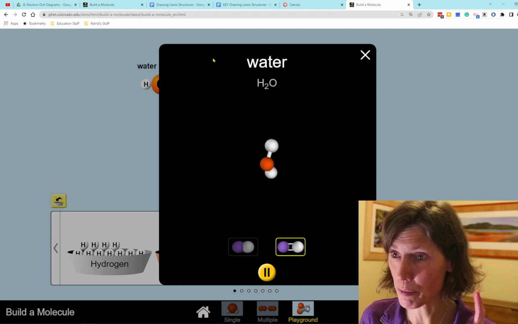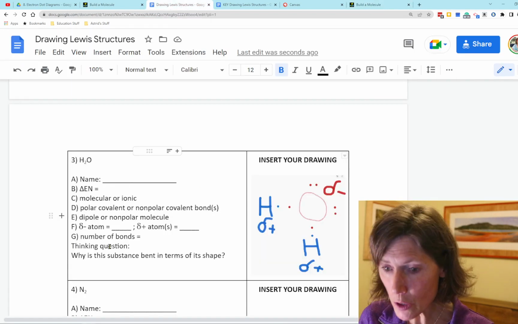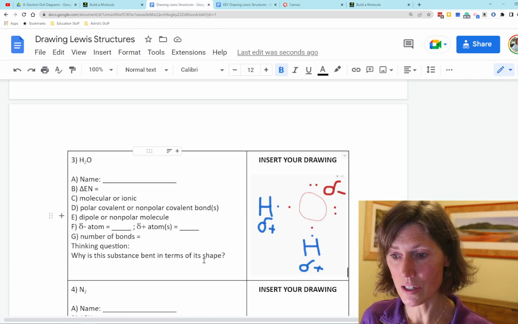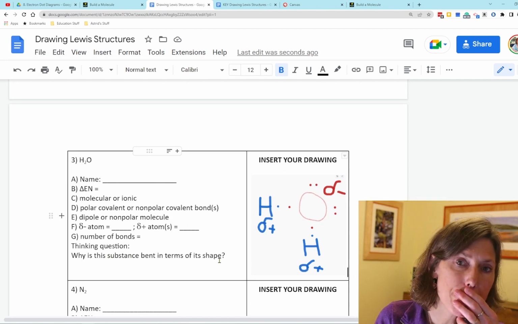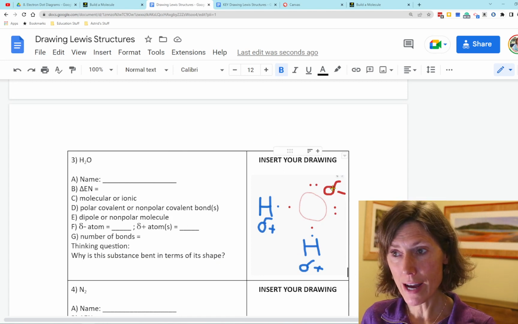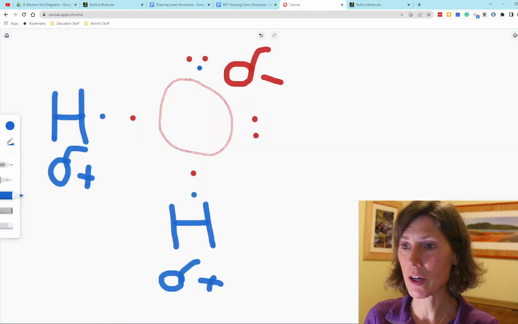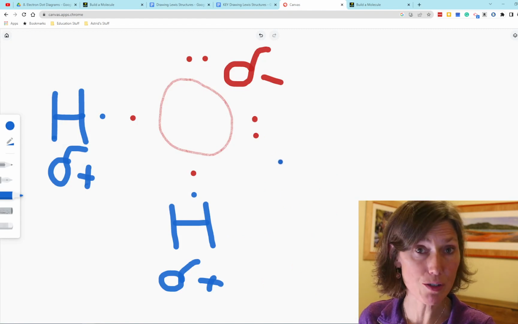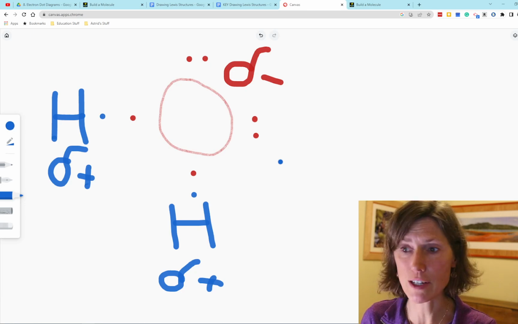Thinking questions are important. Let's see what that thinking question is. Thinking question: why is this substance bent in terms of its shape? Tough one. So if we look at our actual drawing, is it still big in Canvas? Yeah, it's still pretty big. We see these 2 lone pairs, and those lone pairs are of course made of 2 sets of valence electrons.